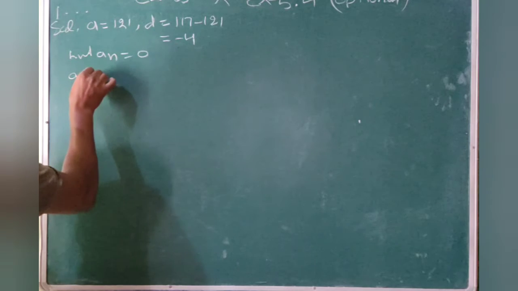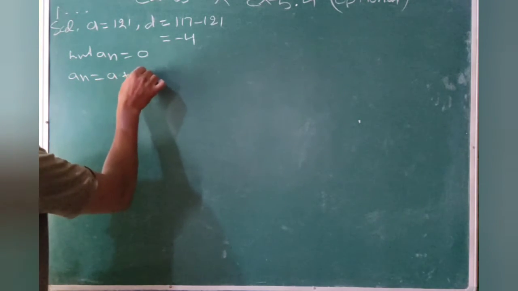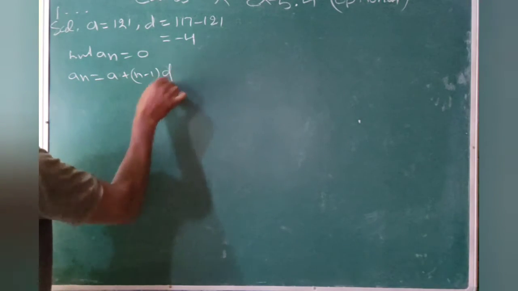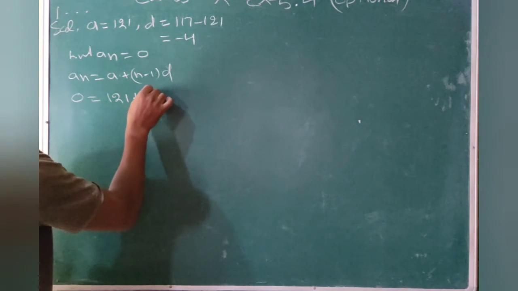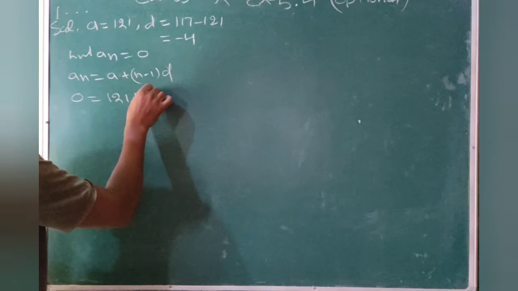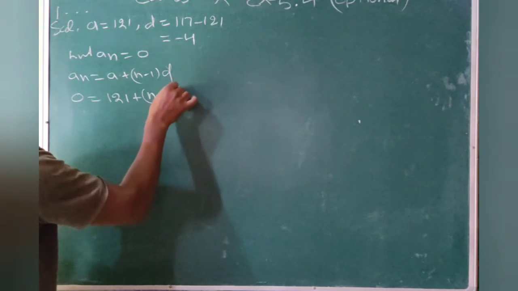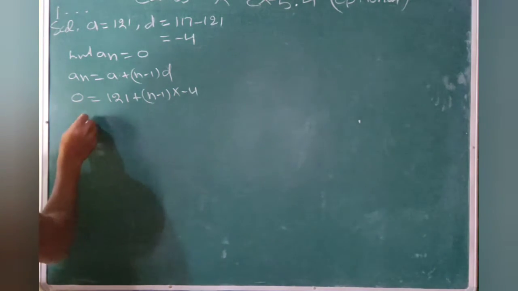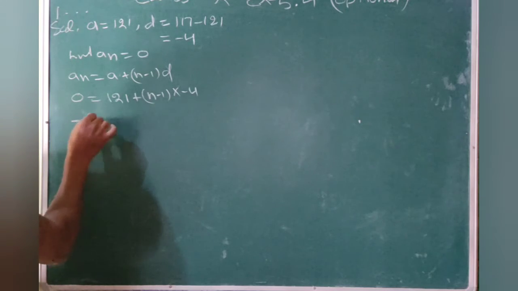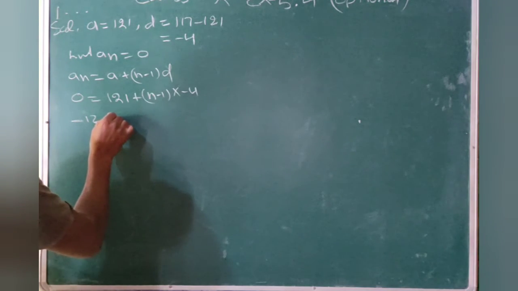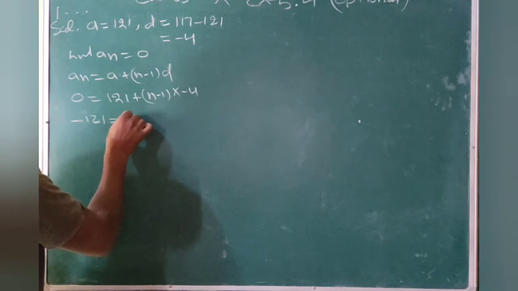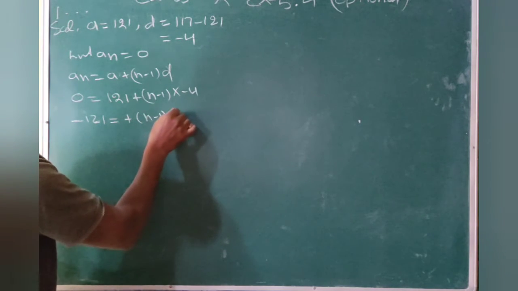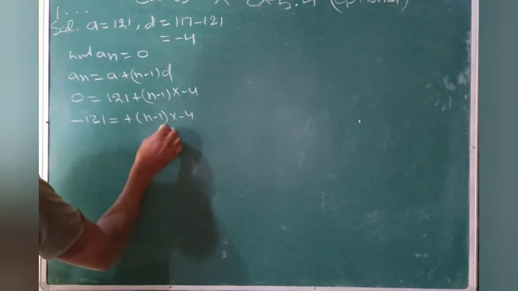So an is equal to a plus n minus 1 into d. Here a is 121, then plus n minus 1, and then multiply by minus 4. So 0 is equal to 121 plus n minus 1 into minus 4.